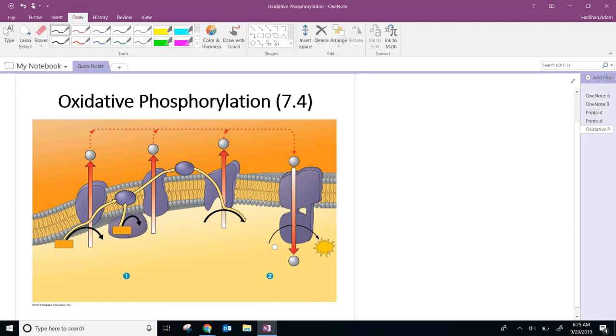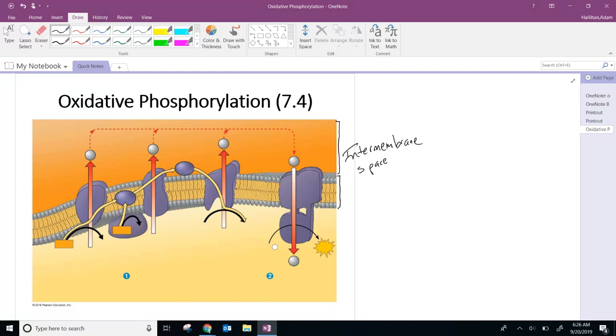First thing we're going to do with this is we are going to be labeling where the different parts are, where we are in the mitochondria when we do oxidative phosphorylation. So first thing, this orange section right here at the top, this is going to be your intermembrane space. Next, this section right here should look familiar because it looks like something else that we've discussed this year.